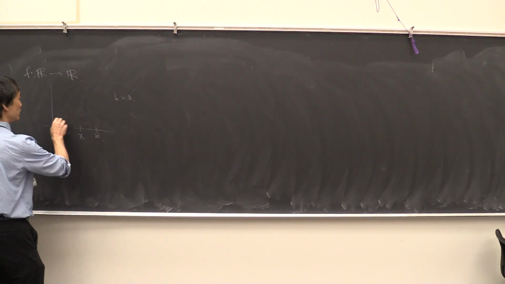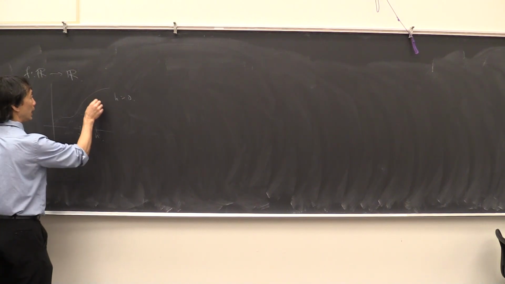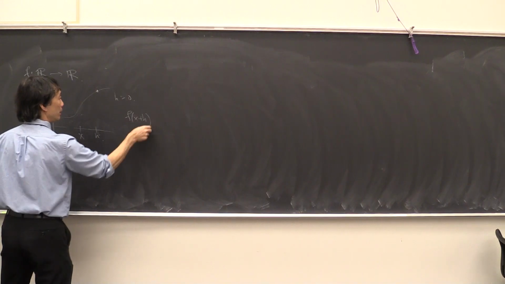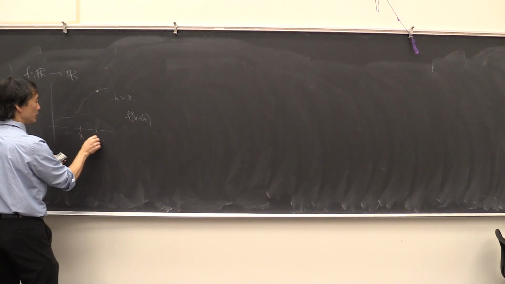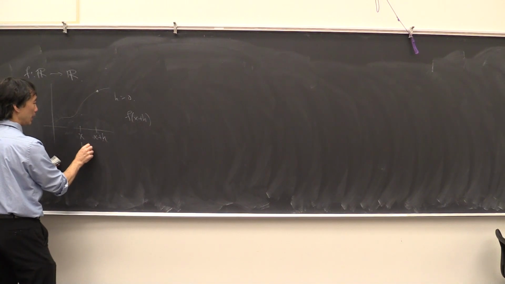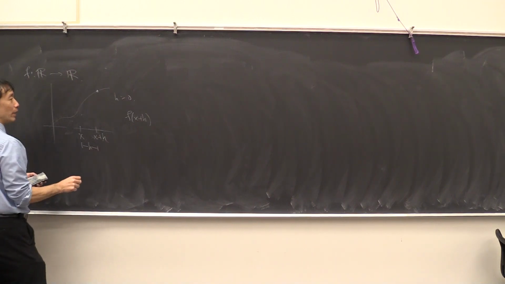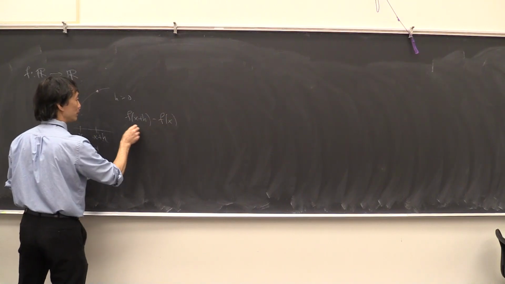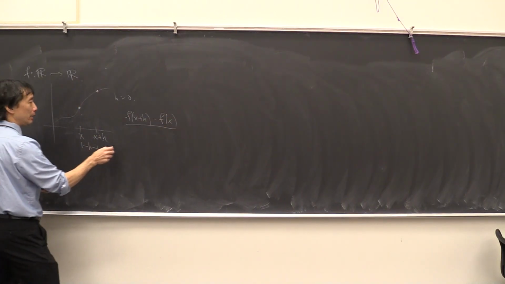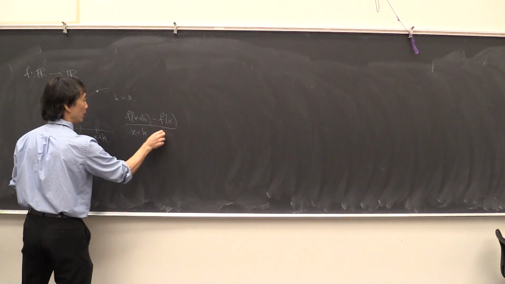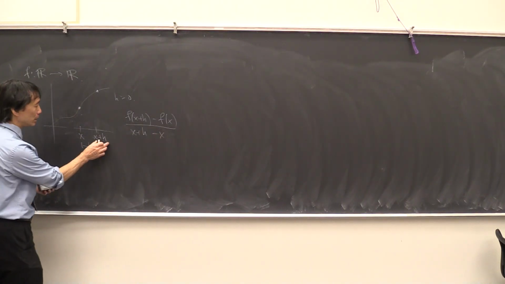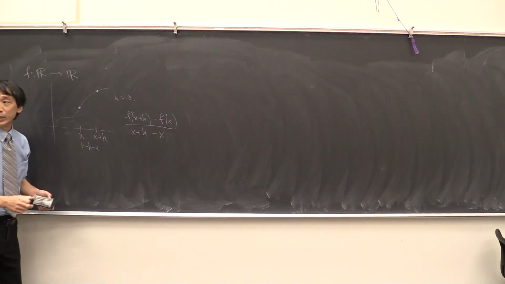And so what you do is you look at the value of the function at x plus h. I'm sorry, this should be x plus h. h is this little distance here. And then you subtract off the value f of x, and then you divide by h, which is to say the difference between the points.